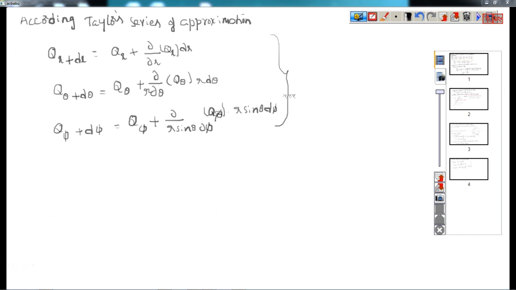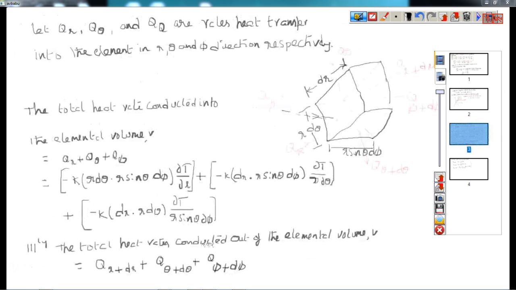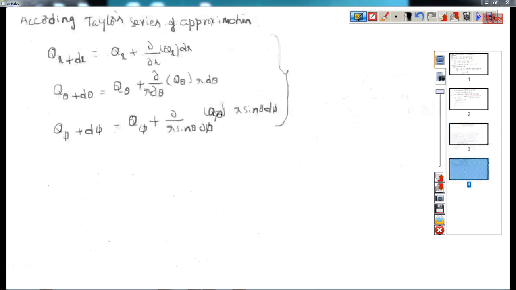So now, already I mentioned that in this case I have mentioned total heat rates conducted into it. Now I will write the summation of these, and one more case.